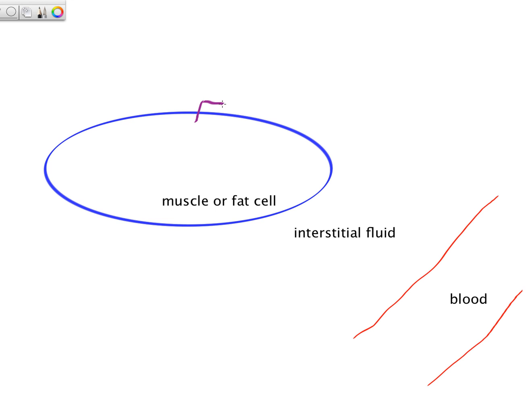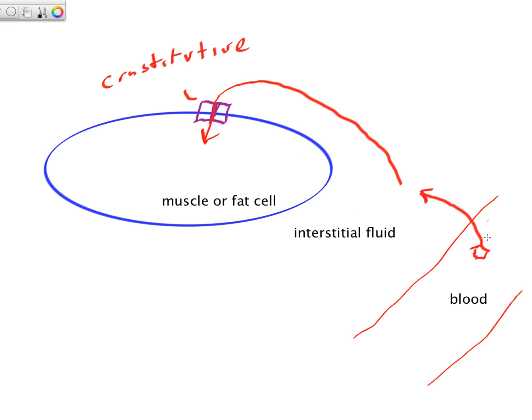So it has a series of constitutive channels, so that as blood sugar travels from the blood, being delivered from the diet or from the liver, into the interstitial fluid, and then it's present in the interstitial fluid, it's got to get into the muscle cell. So the channels that are present when insulin is not present are called constitutive channels.